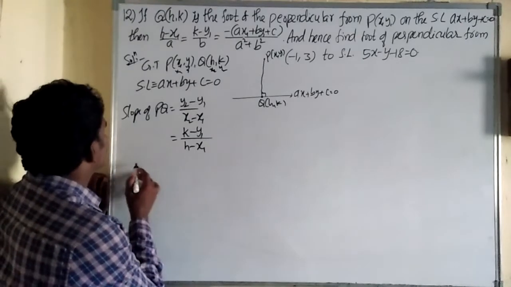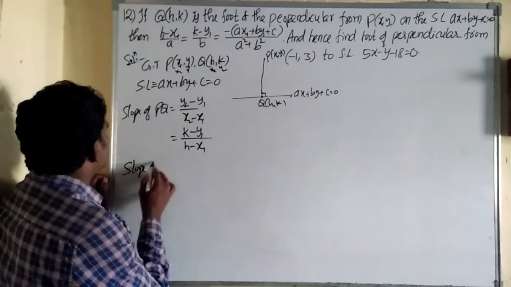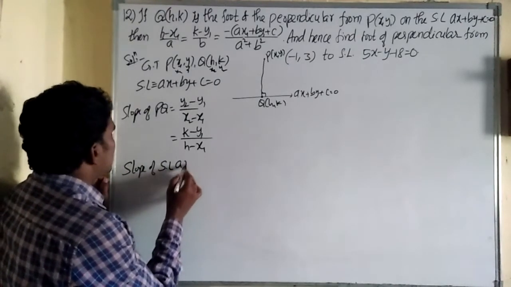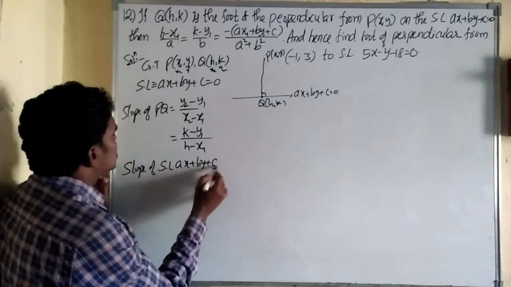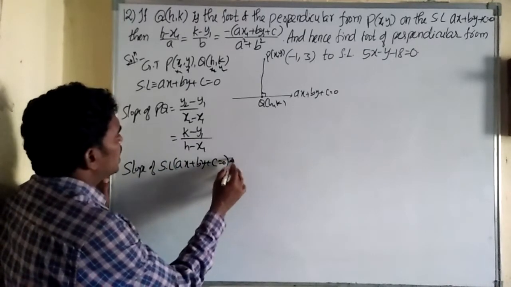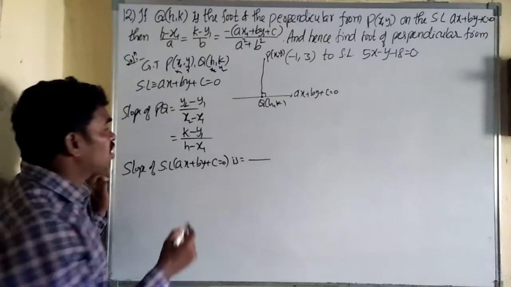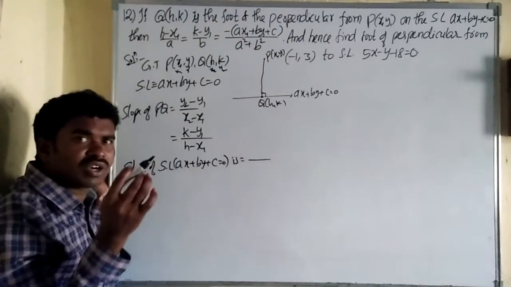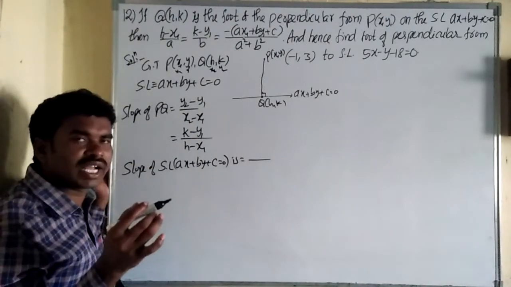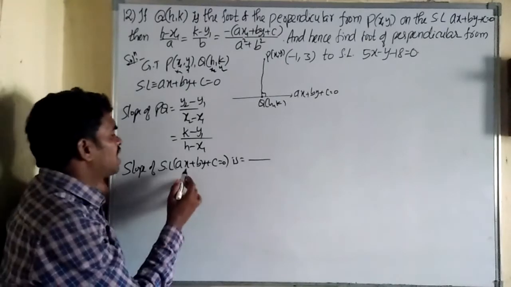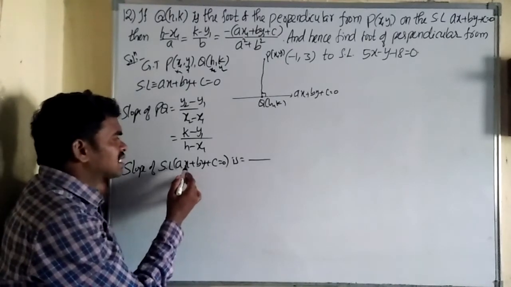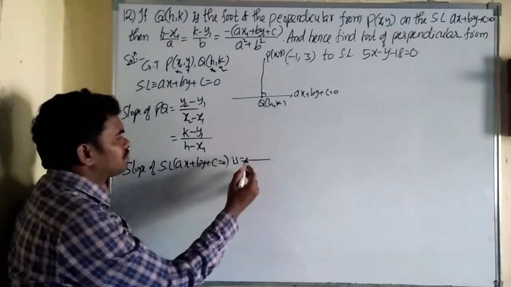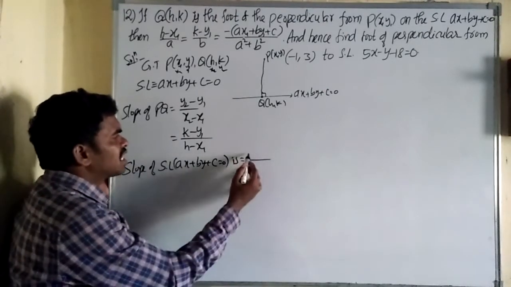Next, the slope of the line. The slope of the straight line ax plus by plus c equal to 0 is what? In the first part I explained slope very clearly. Slope of line is minus b by a. Sorry, minus a by b.